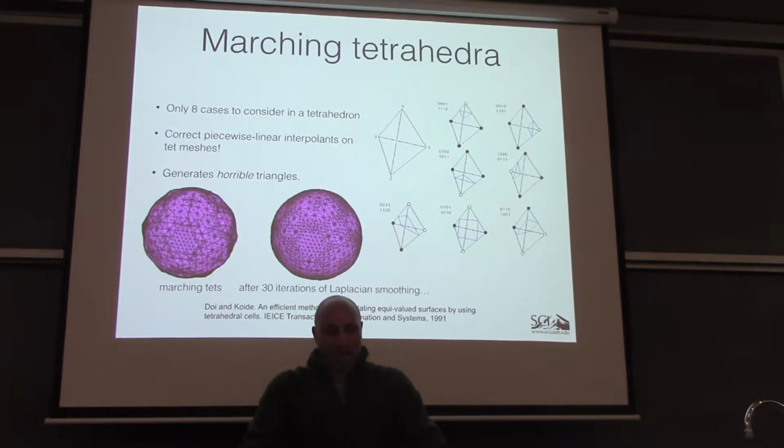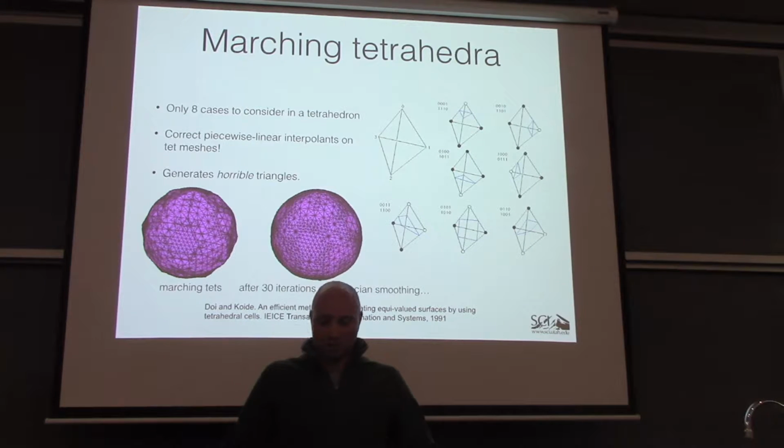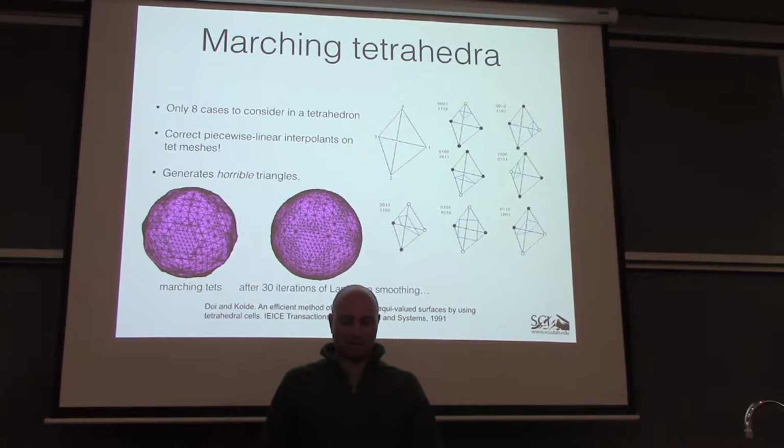It's also worth mentioning marching tetrahedra, which for a long time was the most heavily used surface extraction algorithm because marching cubes was still under patent. It's quite a bit simpler than marching cubes. There are only 8 cases to consider in a tetrahedron.